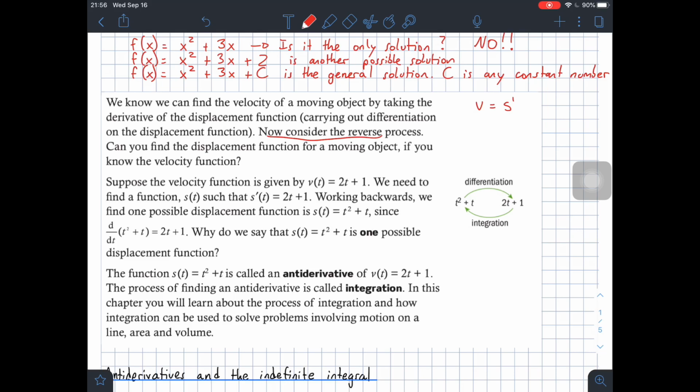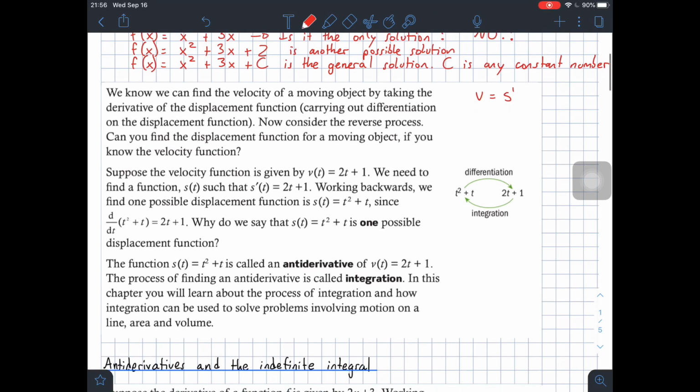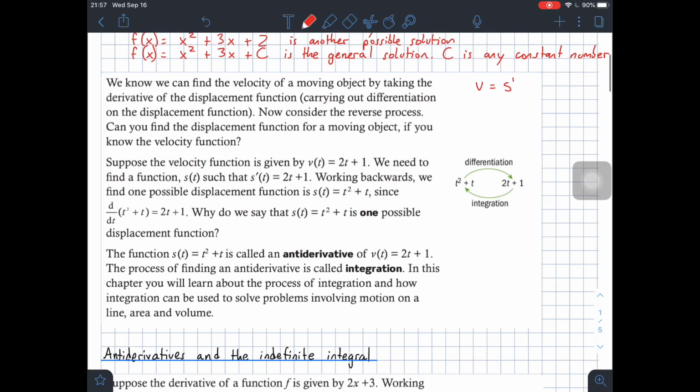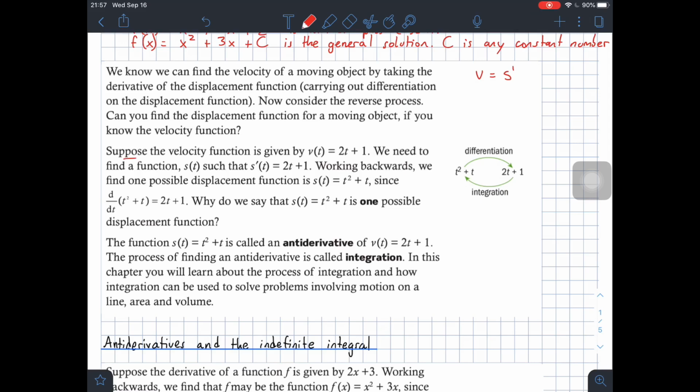Now, consider the reverse process. Can you find the displacement function for a moving object if you know the velocity function? And the answer is yes, we can apply anti-differentiation or integral in order to find the displacement function in this case. It says, suppose the velocity function is given by v of t equals 2t plus 1.